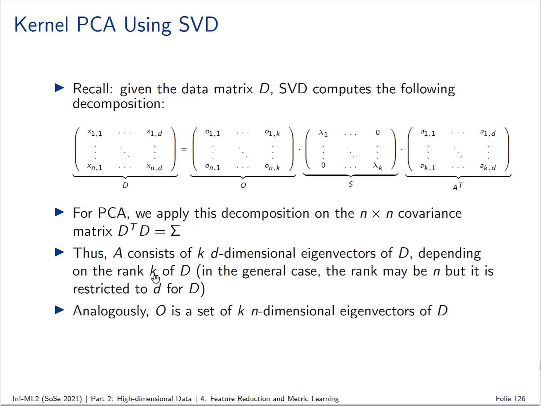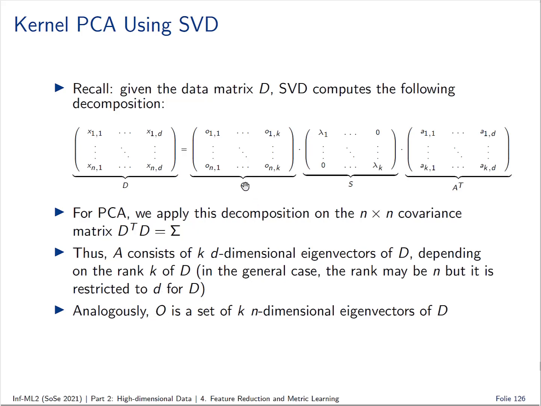If we have a rank smaller than d, k, then we have a relationship of all d features to the k concepts, and in the general case we have not k concepts, but we have d concepts actually. So that is the so-called worst case, and then the rank is d, and then we have d-dimensional eigenvectors here. That is fine, and that is the general case. That's how this is usually working.